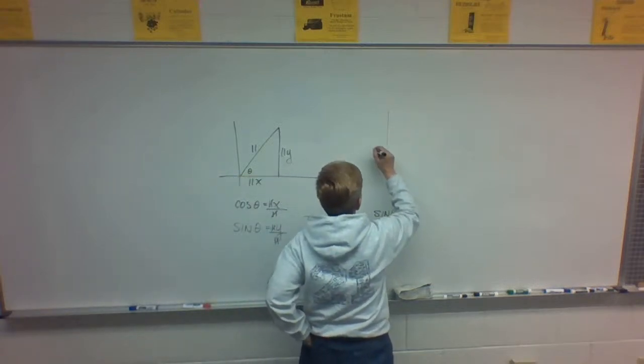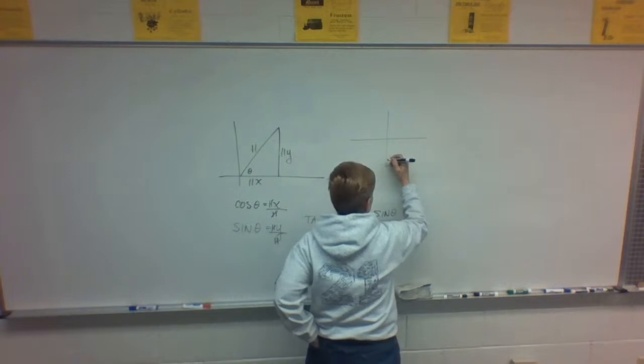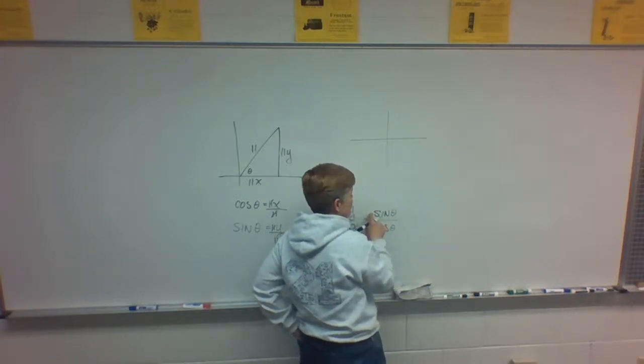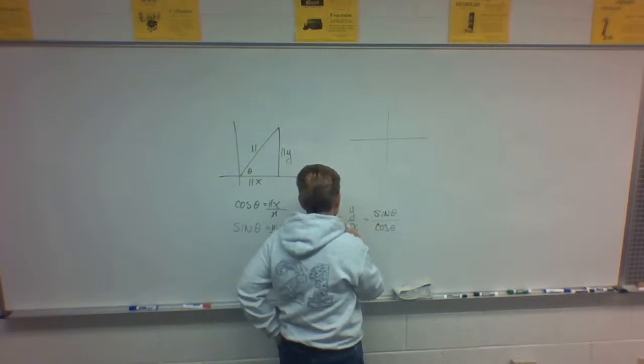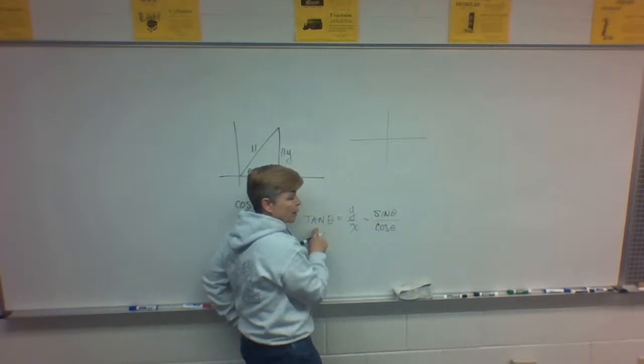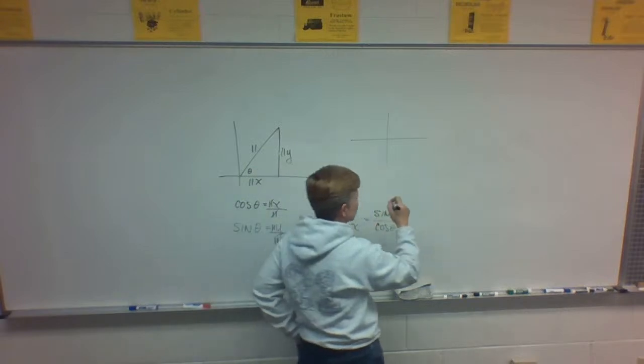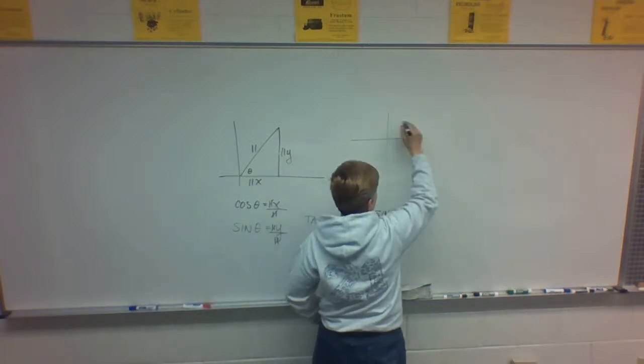You guys got to get this in your head, or at least remember how to figure it out. Cosine is 0 or 1 only at a quadrantal angle. Sine is 0 or 1 only at quadrantal angles. Tangent is 0 or undefined only at quadrantals. Tangent is 1 when it's pi fourths. But sine and cosine are only 0 or 1 on these special angles here.